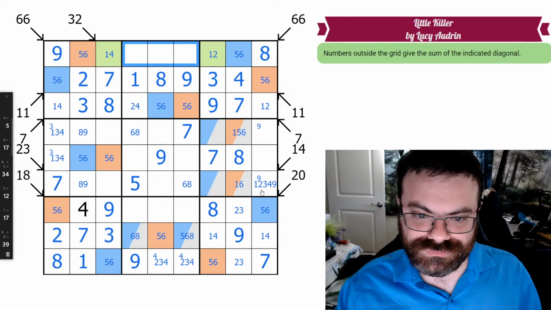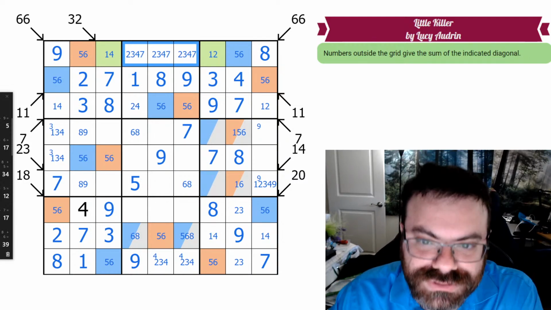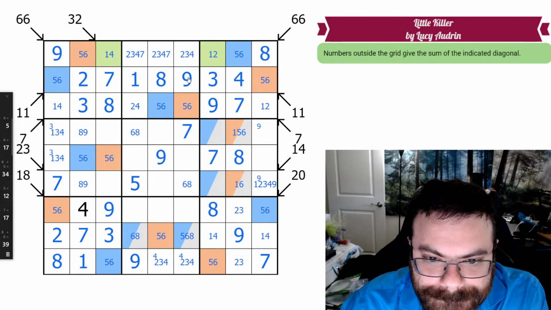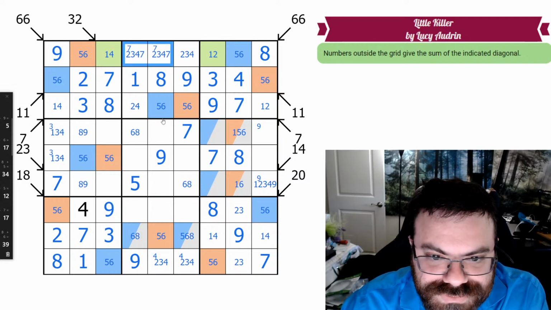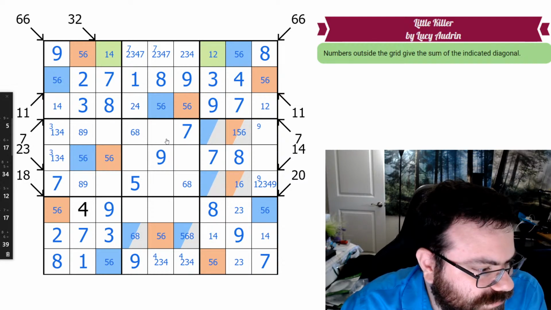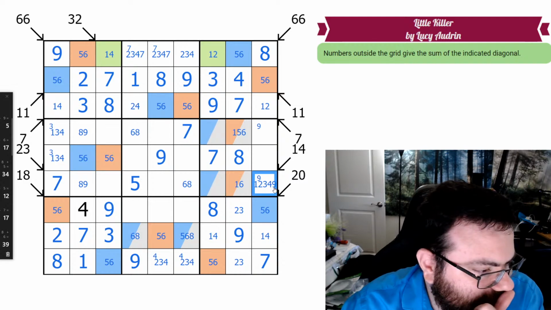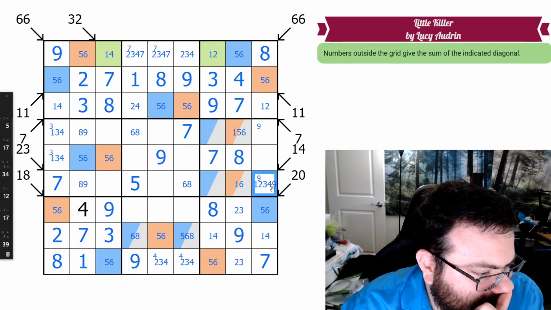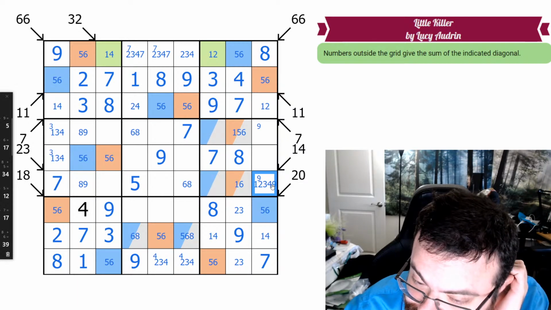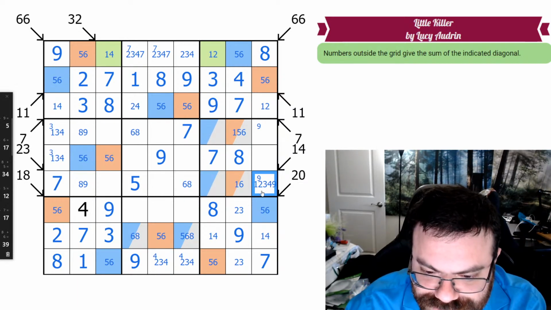What are these from? We need 2, 3, 4, and 7. That's not 7. 7's in one of these two. It would force row 8, column 7 as well.